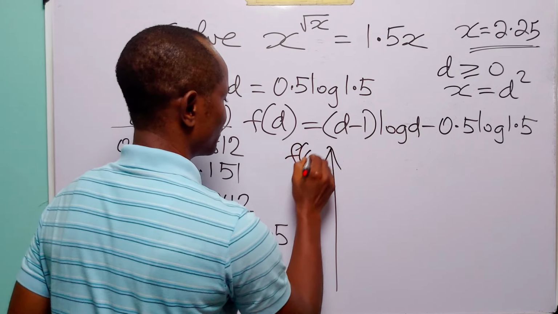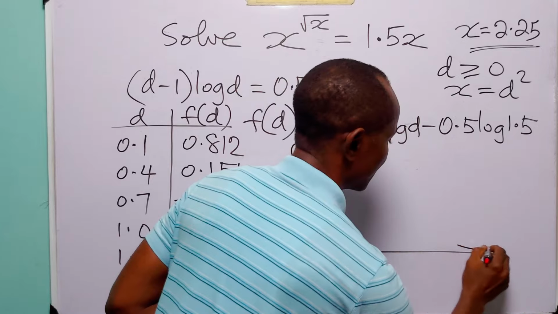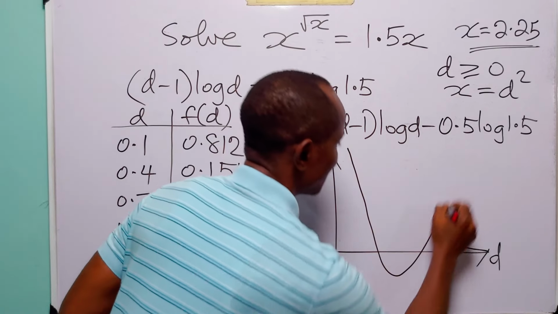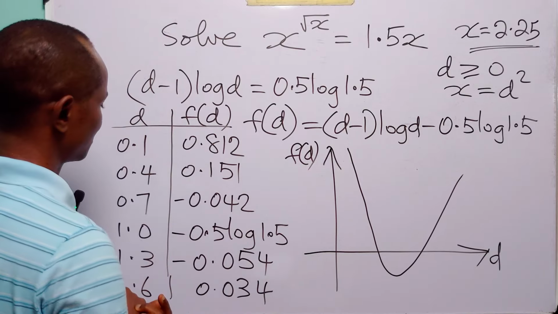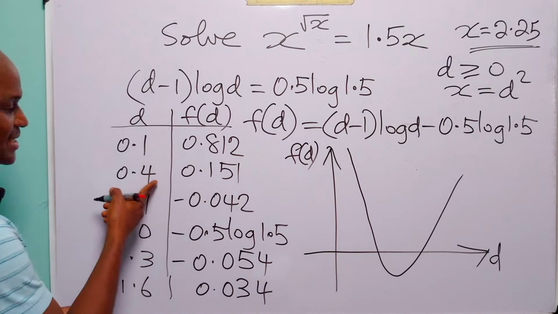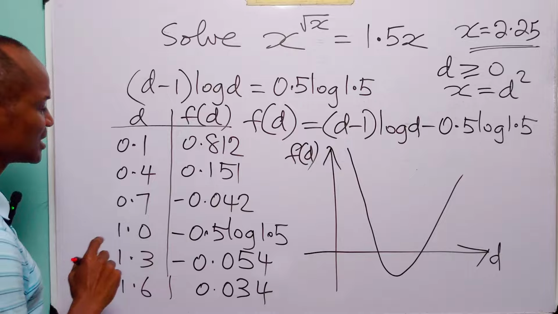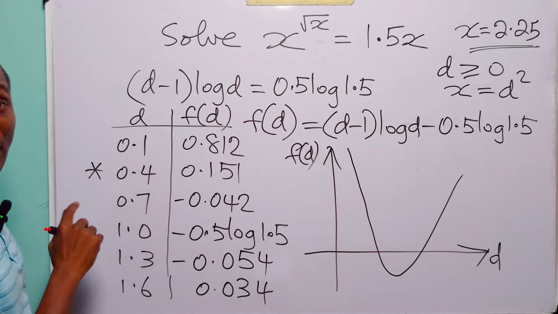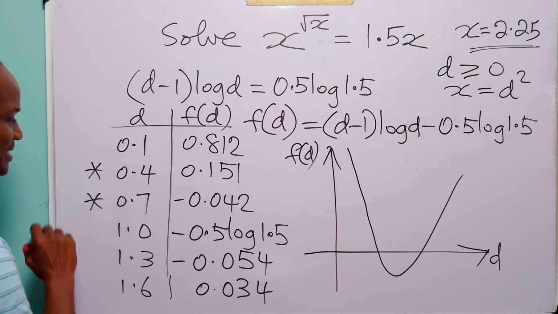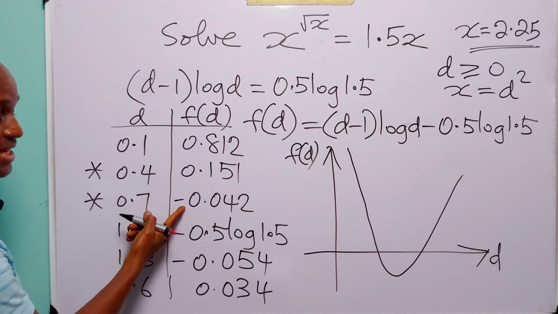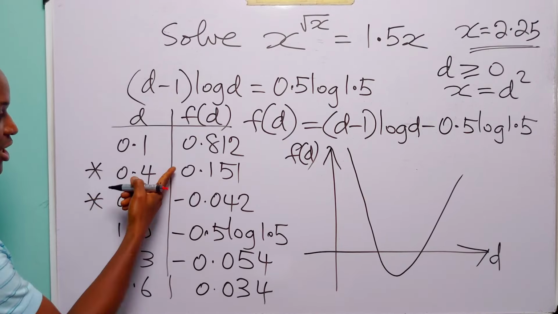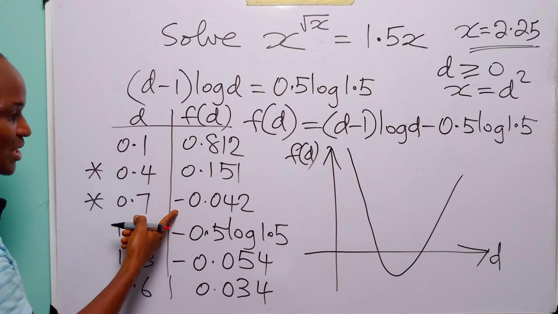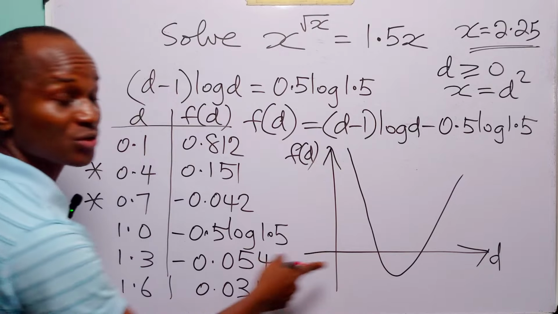A rough sketch of the graph: this is the f of d axis, and this is the d axis. The graph looks something like this. This is a very rough sketch. Now, when you look at this table of values, you will notice that between values of d 0.4 and 0.7, there was a change in sign. You can see that this function went from positive to negative.